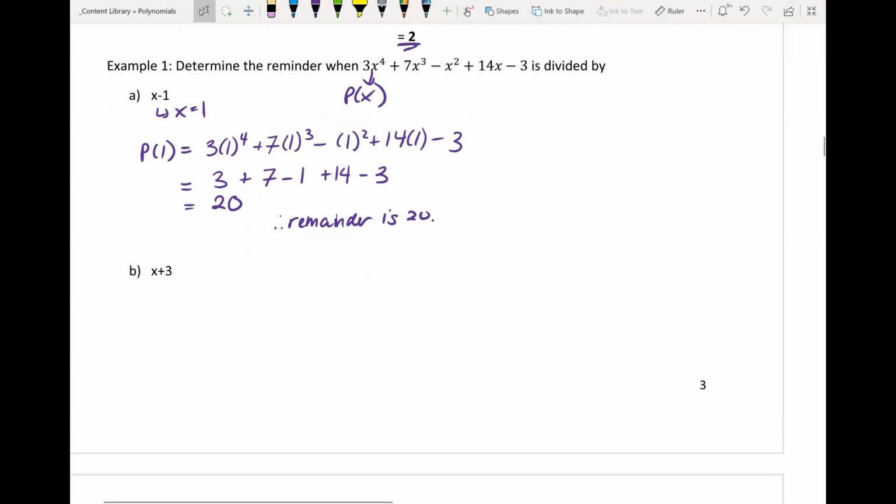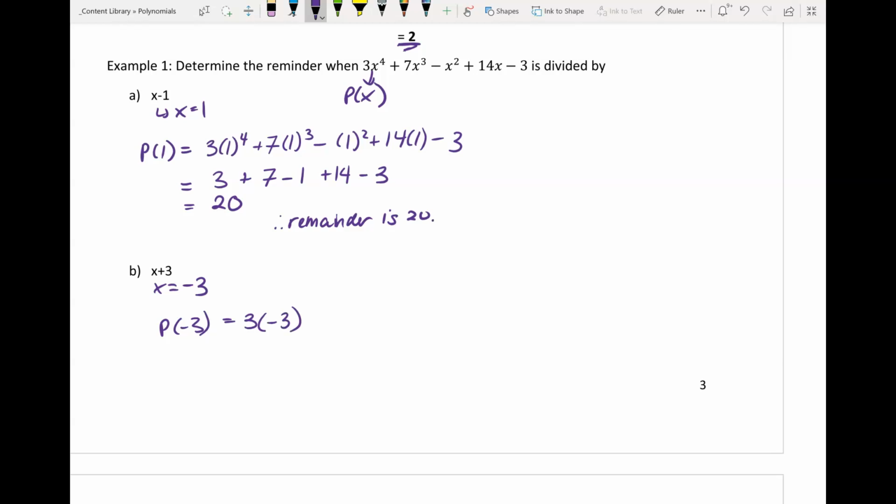And we'll do another example. In this case, we're going to plug in x equals negative 3 into our polynomial. So we're calculating p of negative 3. According to our polynomial up here, I'm just putting in negative 3 wherever I see an x.